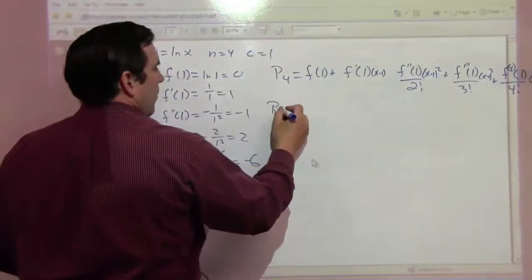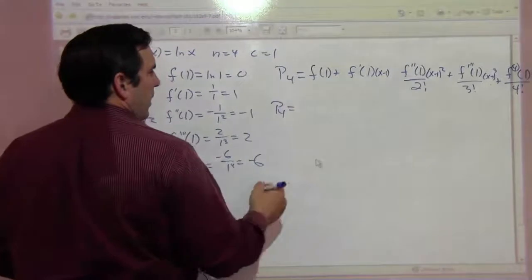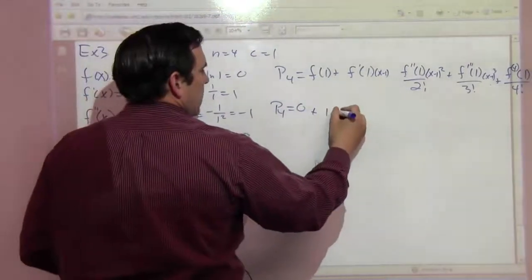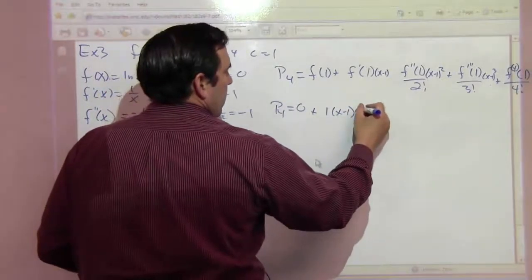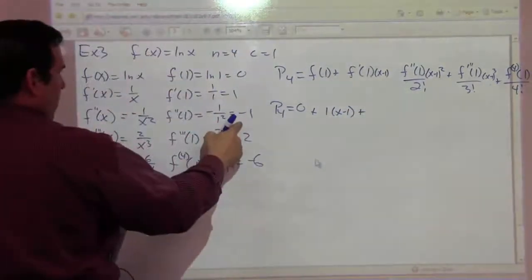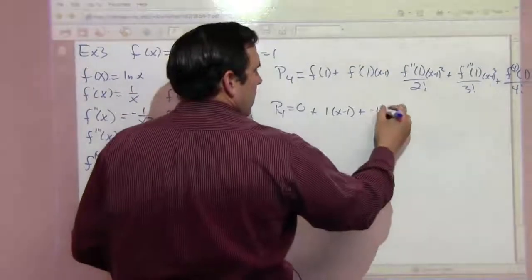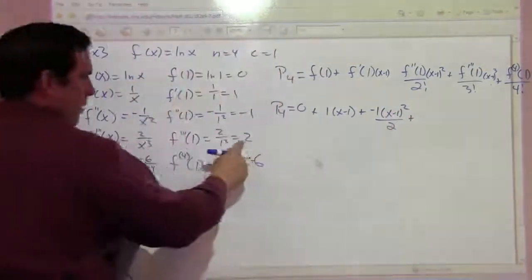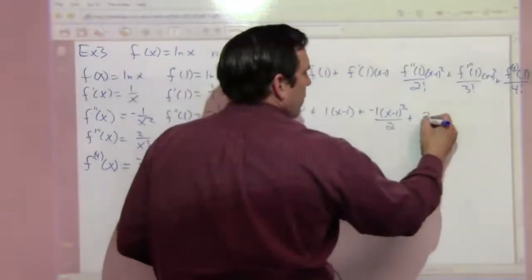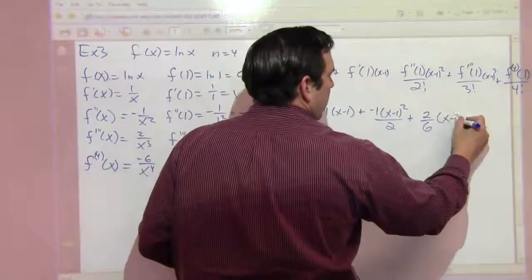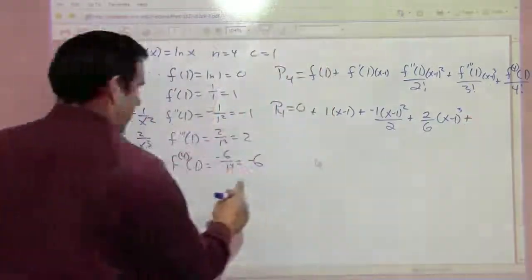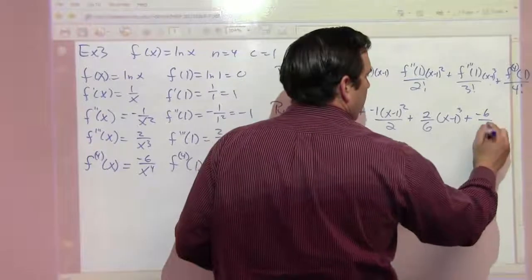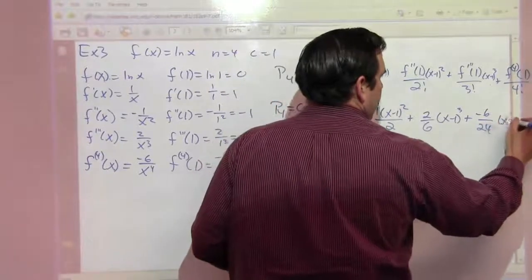So our fourth polynomial is going to be 0 plus 1 times x minus 1 plus negative 1 times x minus 1 squared over 2 plus 2 over 6 times x minus 1 cubed plus negative 6 over 24 times x minus 1 to the fourth power.